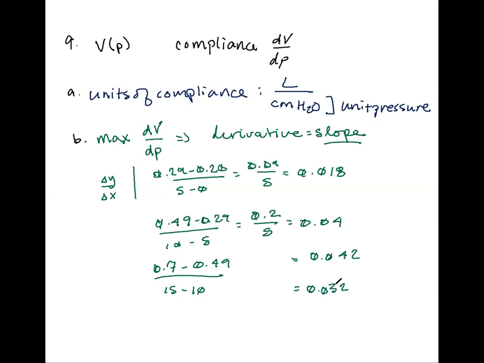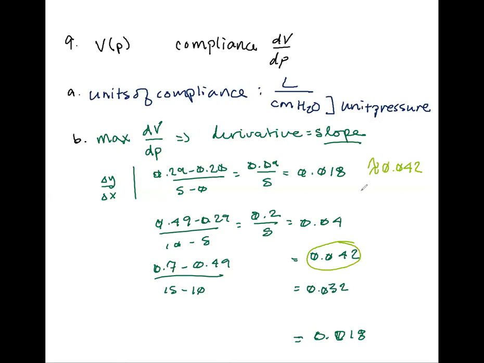And I'm going to stop here because I know that as we continue, it will continue to get smaller. Right? Does that make sense? So for this next one, it's going to be 0.1018. So our peak, our maximum, is going to be approximately 0.042.